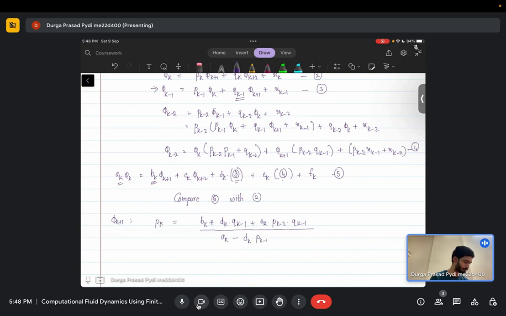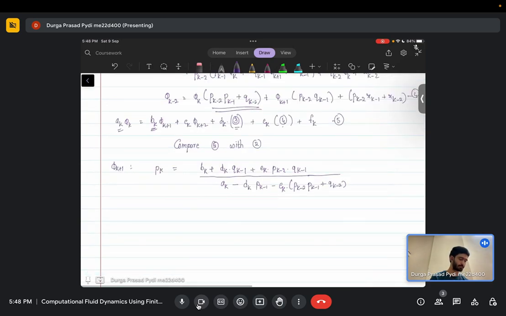Then in equation number 5 we have this coefficient for phi k, so that goes on to the LHS, so we have minus ck times pk minus 2 pk minus 1 plus qk minus 2. So this will be my expression for pk.